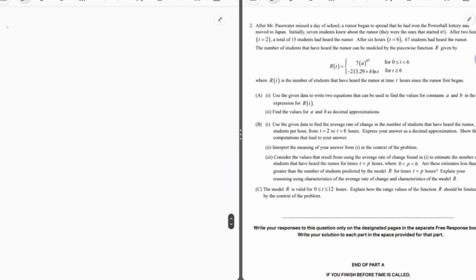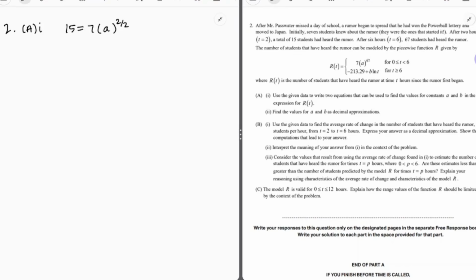All right, so for 2 part A1, he told us that at t equals 2, 15 had heard the rumor. So we're going to need 15 equaling 7 times a to the t over 2, at that point 2 over 2.